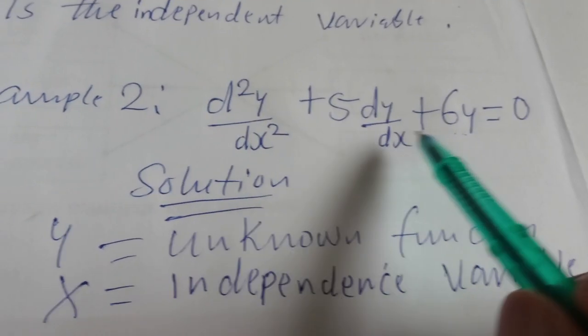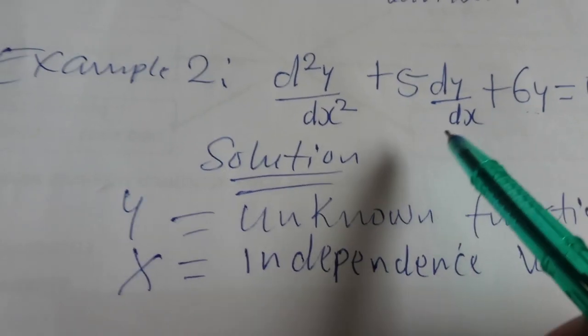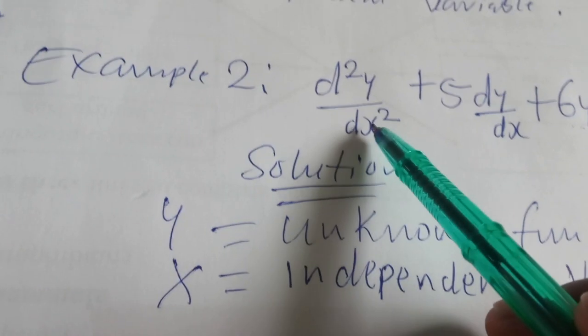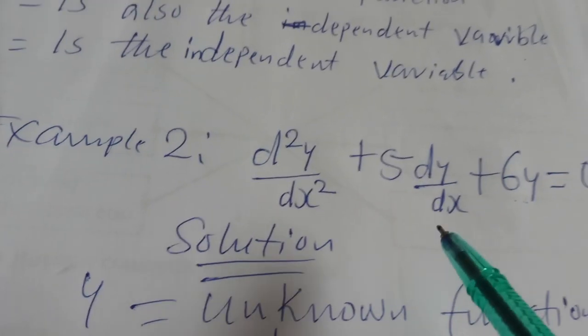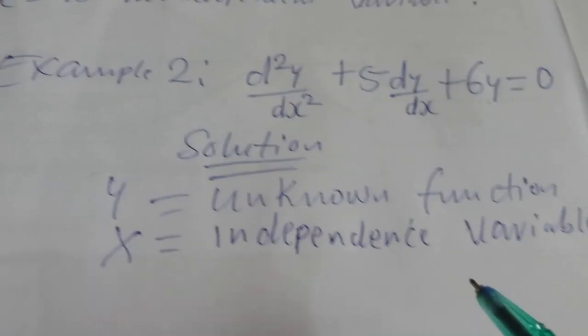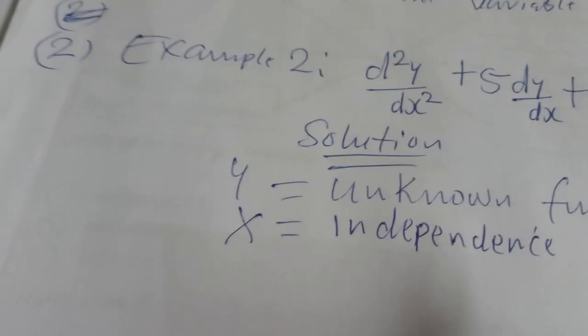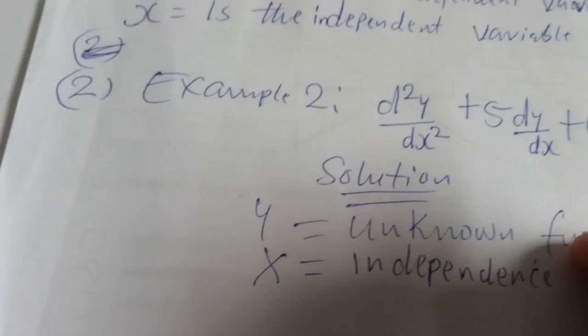This would otherwise be a partial differential equation, but in this case we have x squared and we also have x, so the function is with respect to x. They are in the same term. So take note of this differential equation.